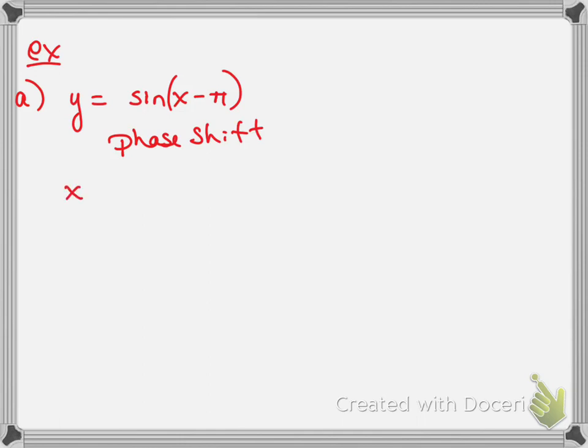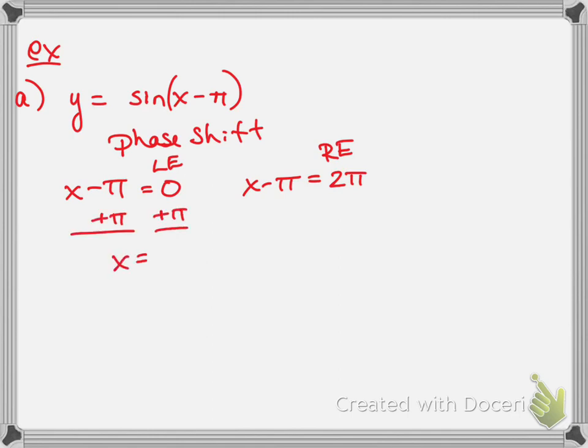In x minus pi, instead of my left endpoint being at 0, the phase shift is going to change it. Instead of my right endpoint being at 2 pi, the phase shift is going to change it. So all we do is solve for x. We add pi to both sides, and over here we add pi to both sides.